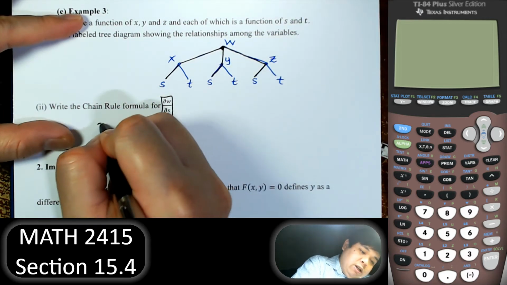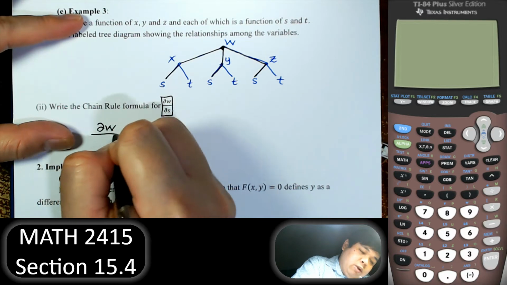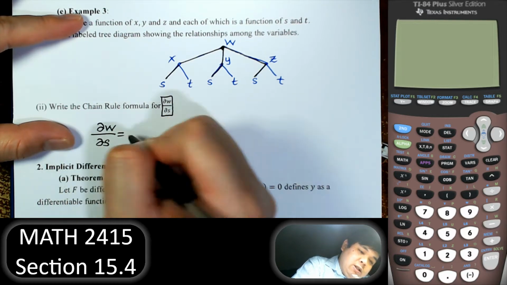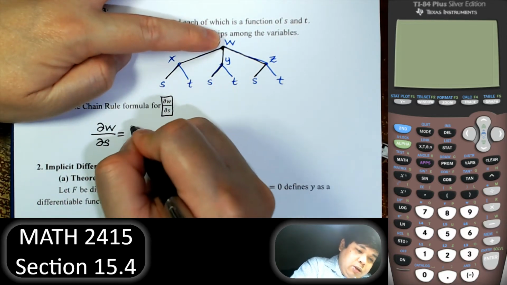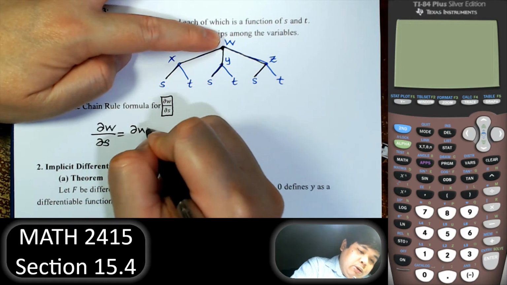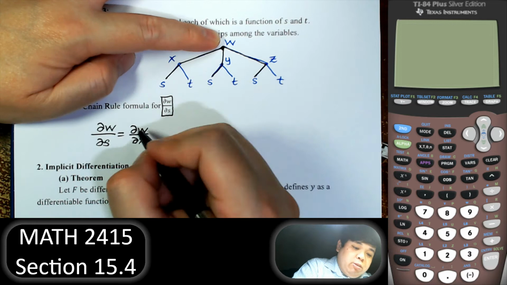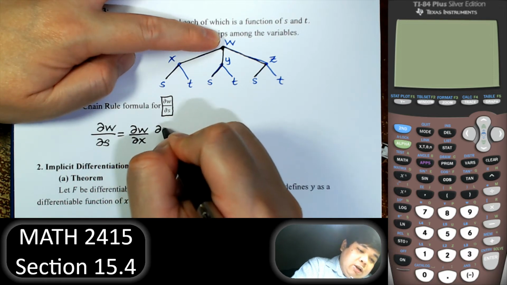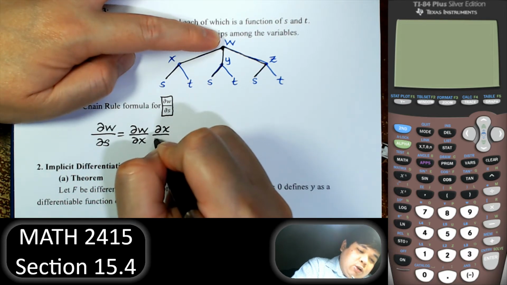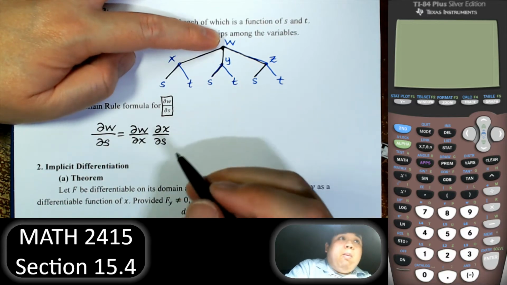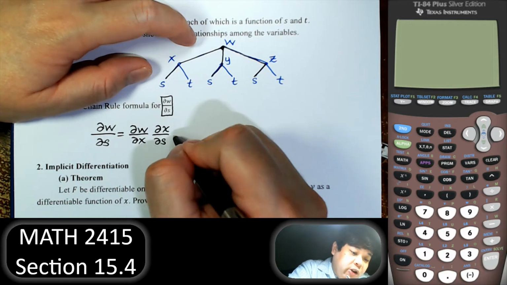So we write the derivative of w with respect to s equal to w with respect to x, and then x with respect to s. All of them are partial derivatives because they have more than one variable.